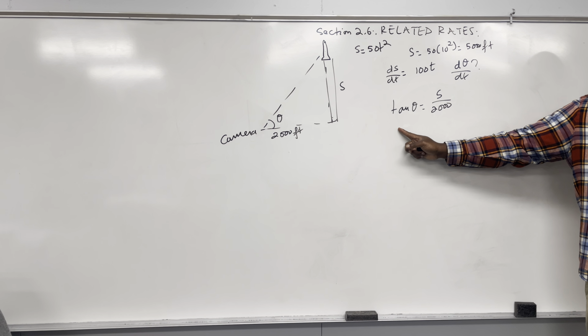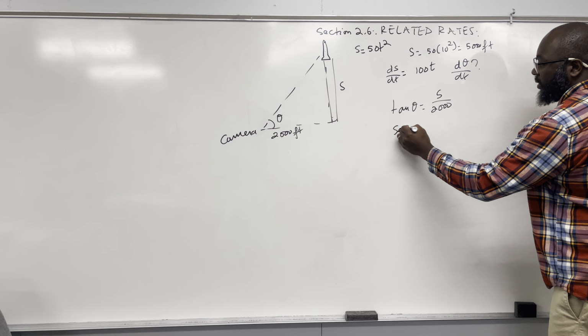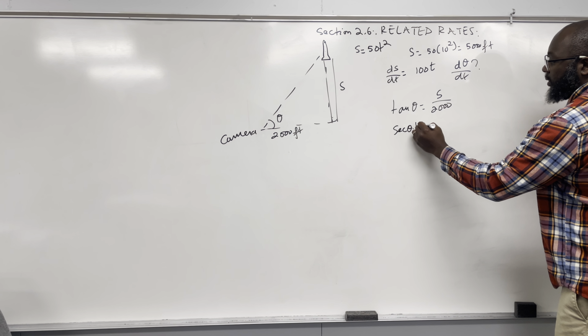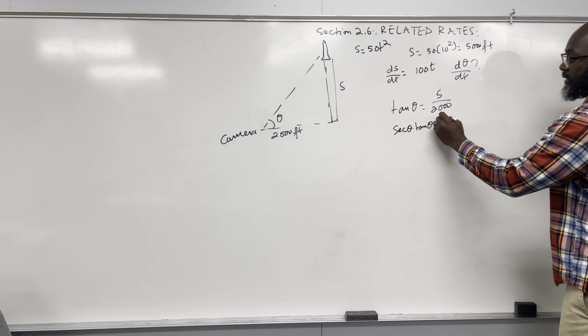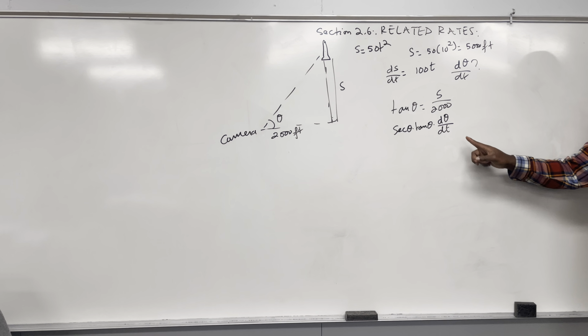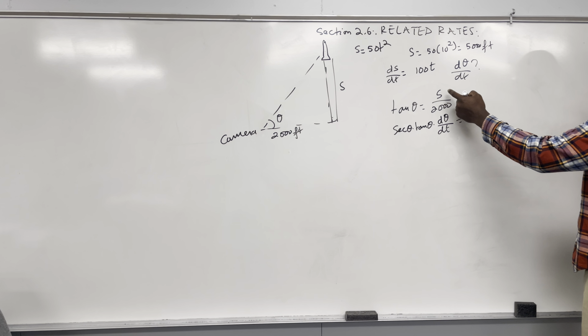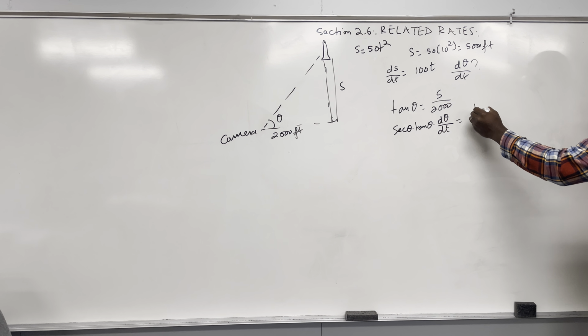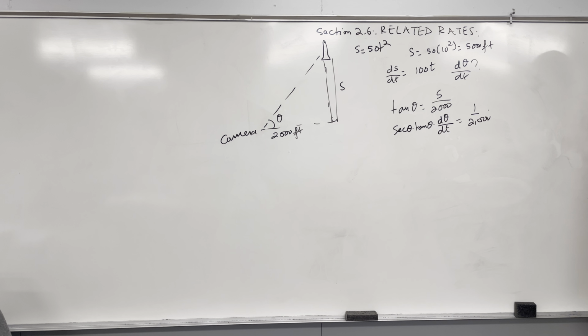Secant x tangent x, so this will be secant theta tangent theta times d theta over dt, equals, we can pull out the 1 over 2,000. So what's the derivative of s?